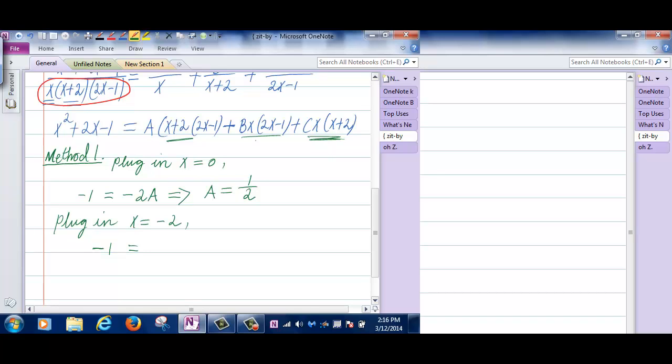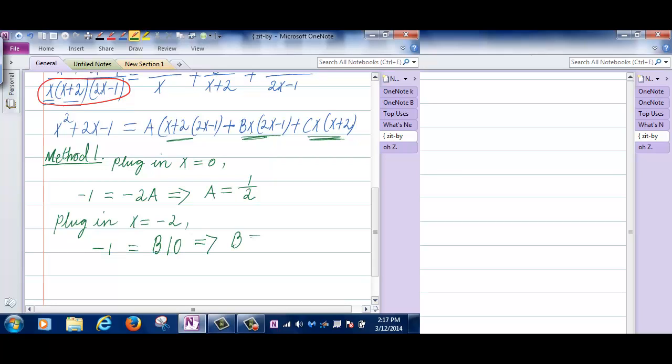So all I am left with is b times, right here, I get negative 2 here and negative 2 here. So what is that? If you plug in negative 2 here and negative 2 here, you get negative 2 times negative 5, which is positive 10.